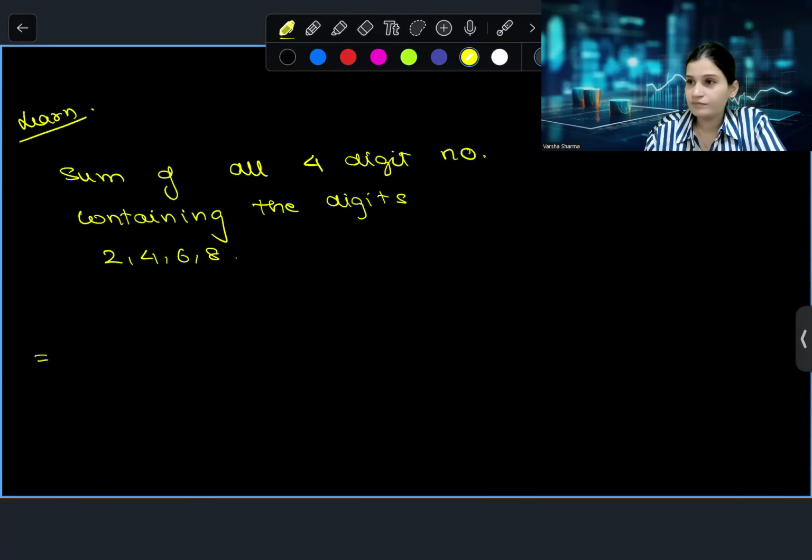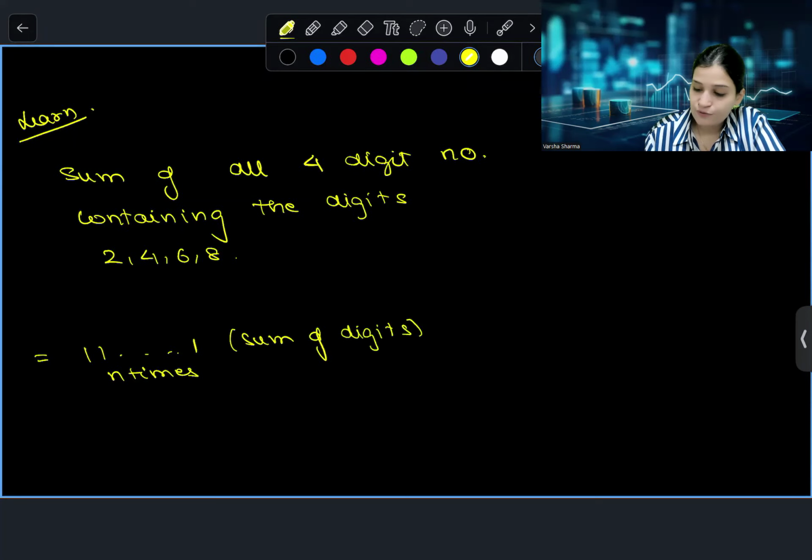Formula is: if there are n digits, 1, 1, 1 will appear n times into sum of digits into factorial n minus 1.